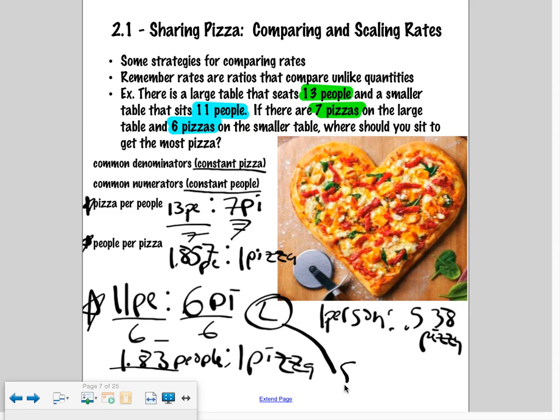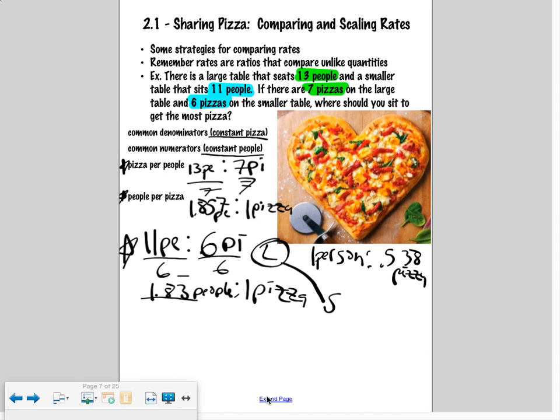So for the small, you get 1 person for every 6 divided by 11, which is 0.54 repeating pizza. So here we want to pick where the amount of pizza per person is the largest, and again, we see that that is at the small table.